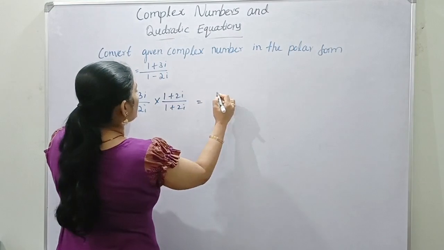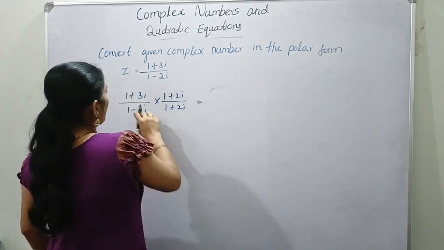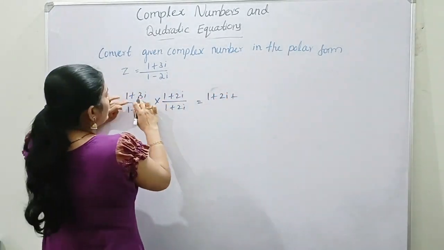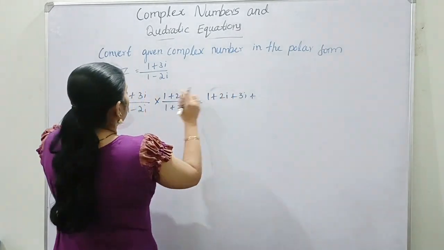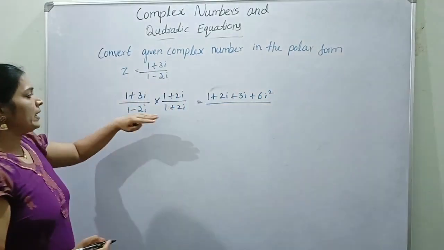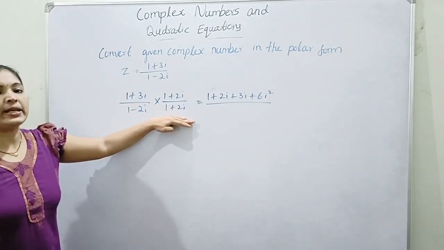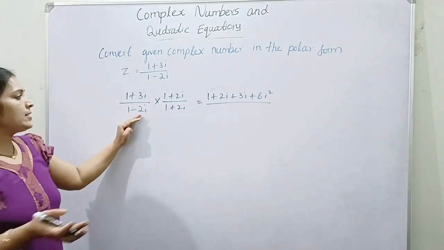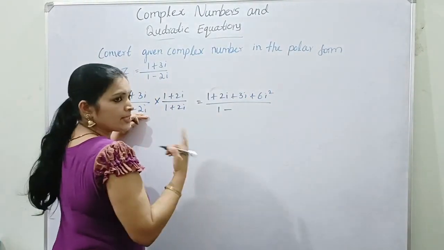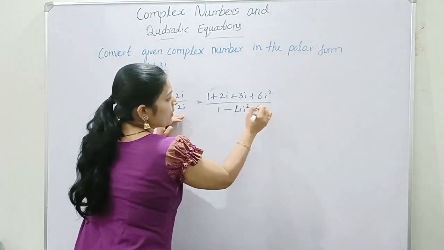Let us simplify this. Numerator: 1 into 1 is 1, plus 1 into 2i, 2i, plus 3i into 1, 3i, plus 3i into 2i, 6i². Denominator: it is in the form (a - b)(a + b), which is nothing but a² - b². Here a is 1, so 1², minus b², b is 2i, so 4i².